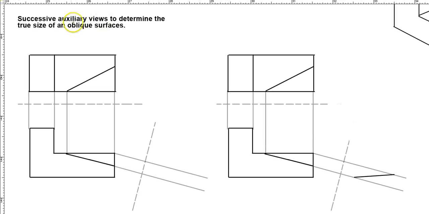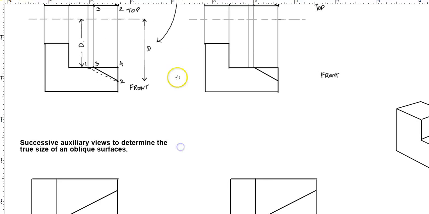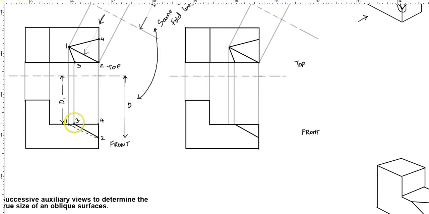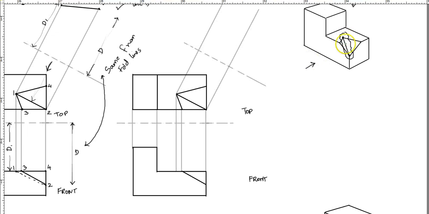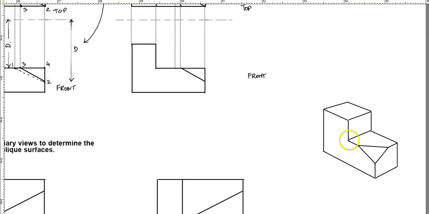and this is successive auxiliary views to determine true size of an oblique surface. So in the first one, all we were worried about is finding the edge and the line true size, which is just that line. But in this example, what we're doing is, instead of finding just the edge, we are going to find the true size of the oblique surface.